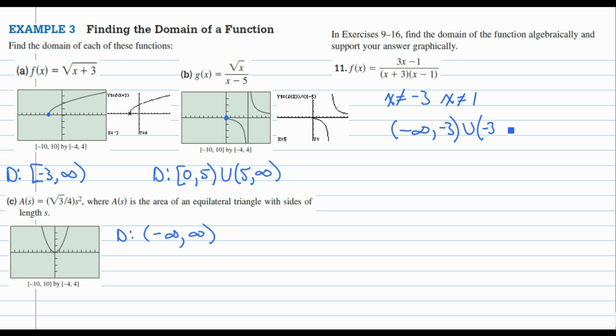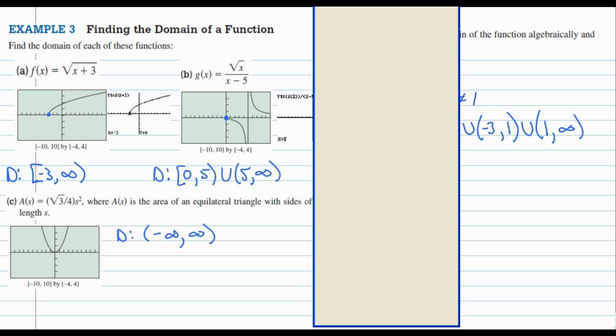I'm going to keep going to the right on the x-axis through negative 2, negative 1, 0, 0.1, 0.2, 0.99999, but I have to leave positive 1 out. Then I can pick back up again after positive 1 and go all the way out to infinity on the x-axis. I will have function everywhere except at negative 3 and positive 1.